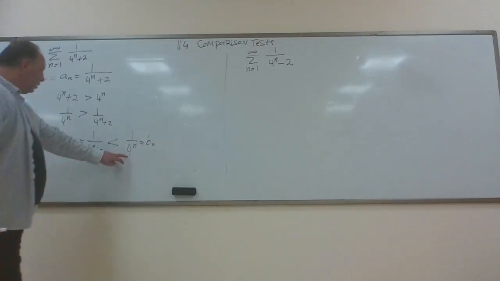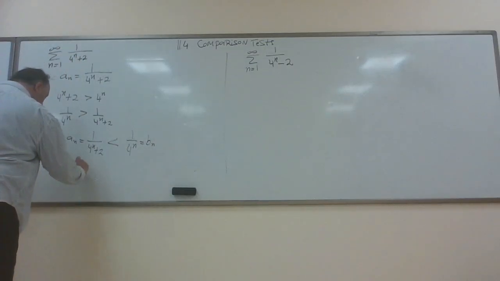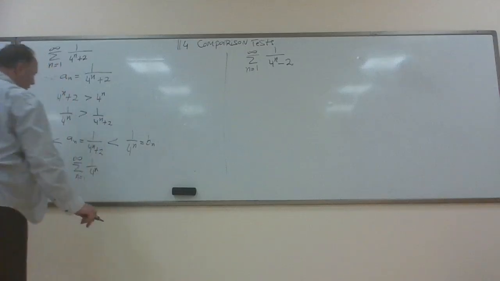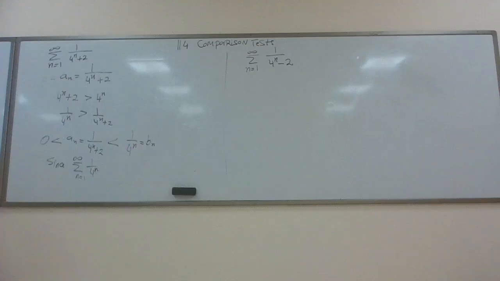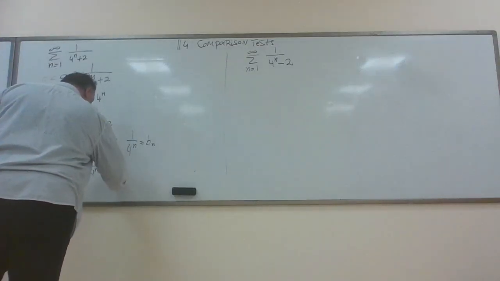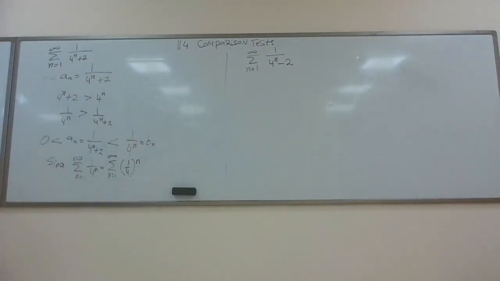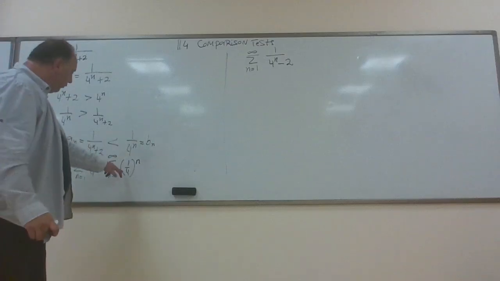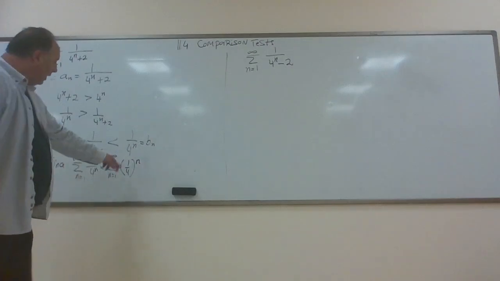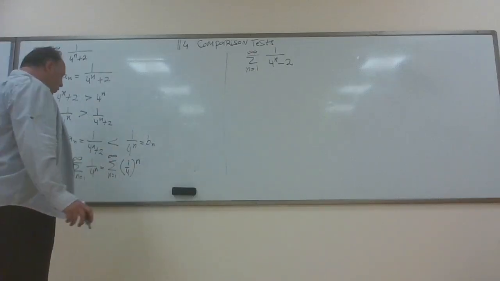So now what happens here? What do we know? What about this series here, 1 over 4 to the power n? What type of series is this? We rewrite just a little bit maybe to see better. So this is a geometric series. We have 1 over 4 plus 1 over 4 times 1 over 4. So the first term is 1 over 4, and the second term is 1 over 4 times 1 over 4, so r is also 1 over 4.